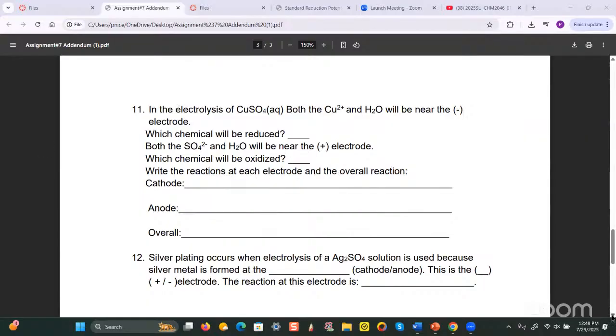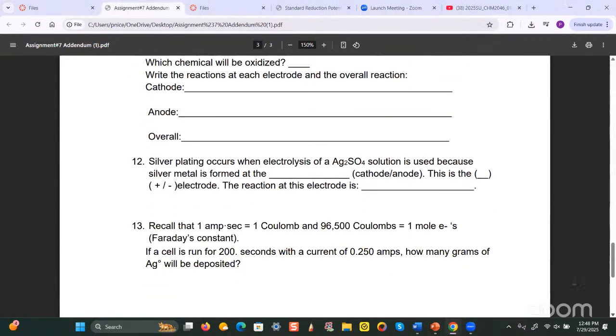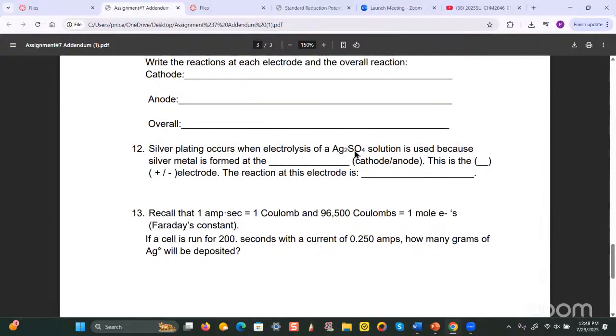Okay, now question number 12 says that silver plating occurs when the electrolysis of silver sulfate solution is used because the silver metal is formed at the what? Where will the silver be formed when you electrolyze silver? Would it be formed at the cathode or the anode? The cathode.